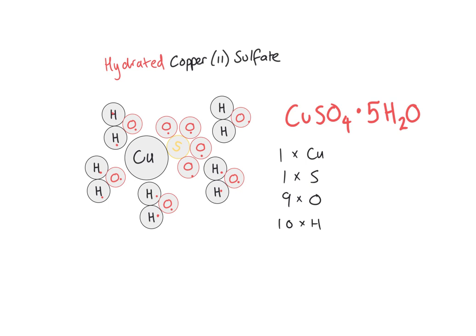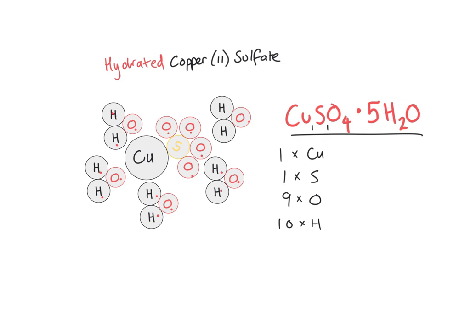You can also just use this chemical formula to work out how many of each. Remembering that there is a little 1 here and here tells you that there's 1 copper, 1 sulfur. And then for oxygen, we need to count how many oxygens there are in the CuSO4 and how many oxygens there are in 5 times H2O molecules.